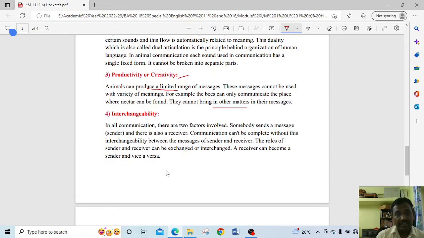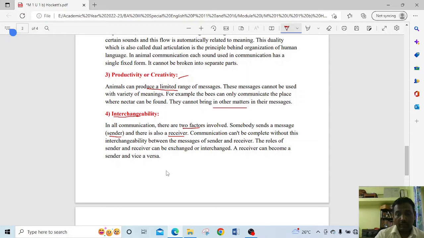Now the next is interchangeability. In all communication, there are two factors involved: the sender, someone who sends the message, and the receiver, someone who receives the message.